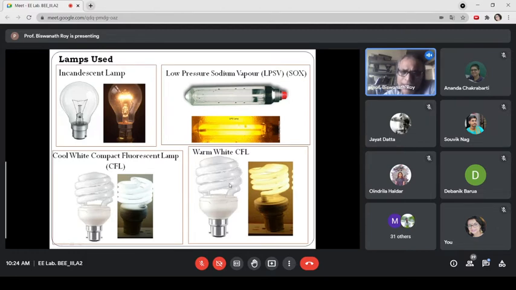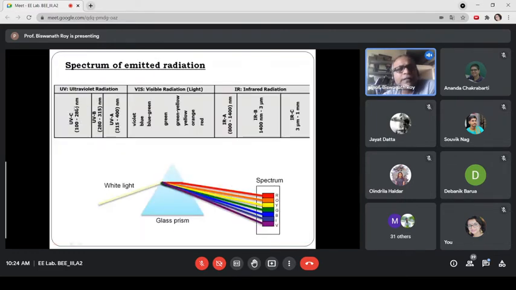So it is basically a low pressure mercury vapor lamp, and the low pressure mercury vapor lamp emits in the UVC region, not in the visible region. Primarily, some very faint, very small portion is emitted in the violet region, but the major emission occurs in the UVC region, which we cannot see.